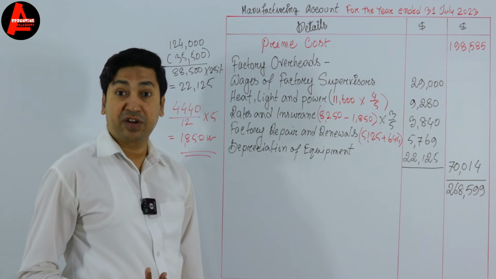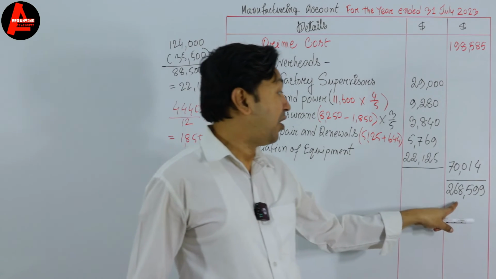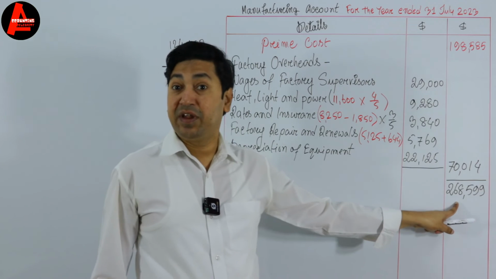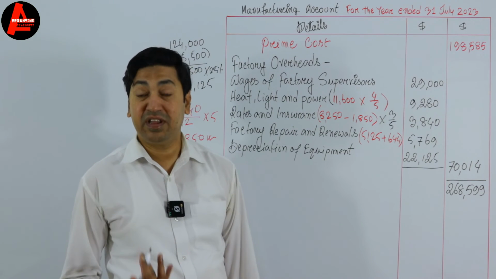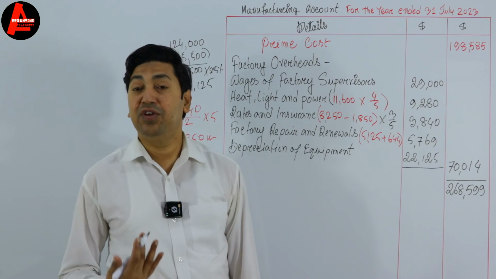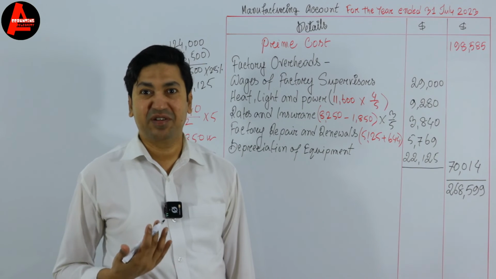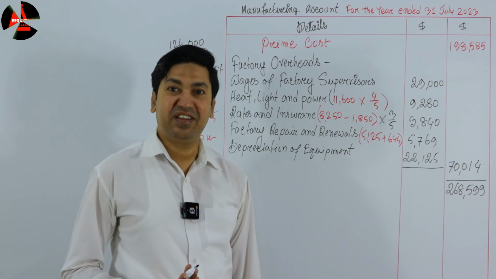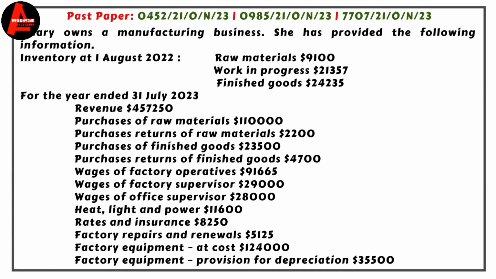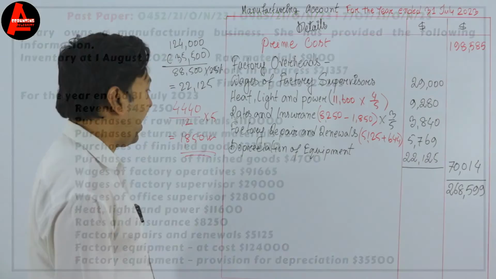How to calculate cost of production? Now to this amount we will add opening work in progress, and from this addition we will subtract closing work in progress. Then we will find our cost of production. So here on the question we see inventory at 1st August 2022. So here we see work in progress 21,357. Okay, this is our opening work in progress, so we will add it here.